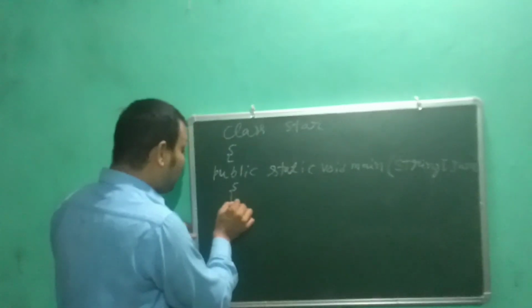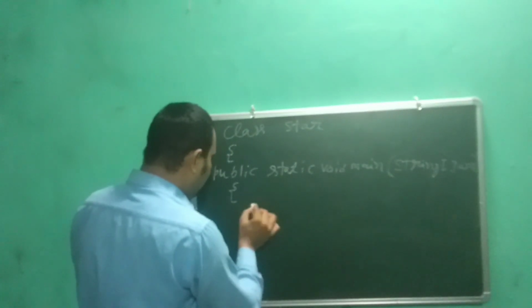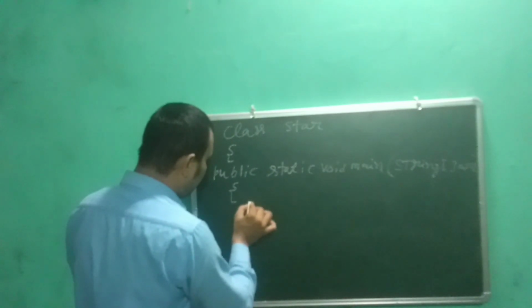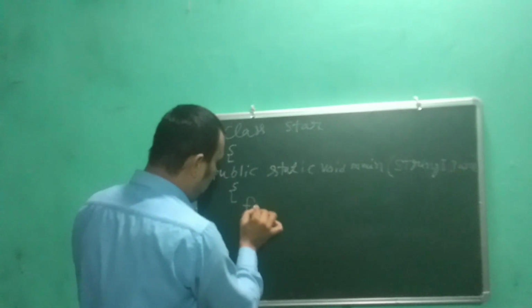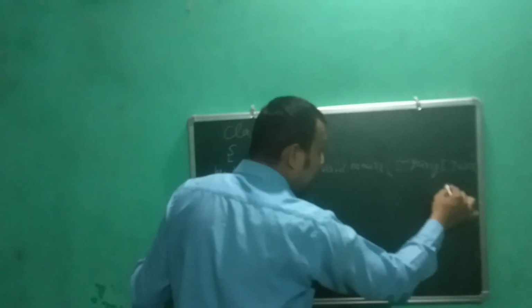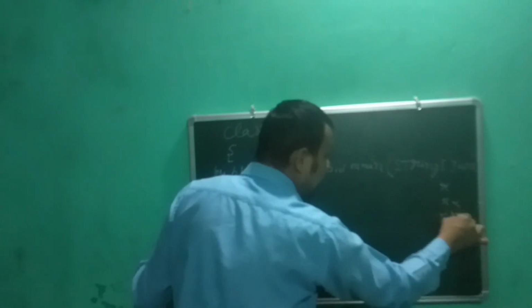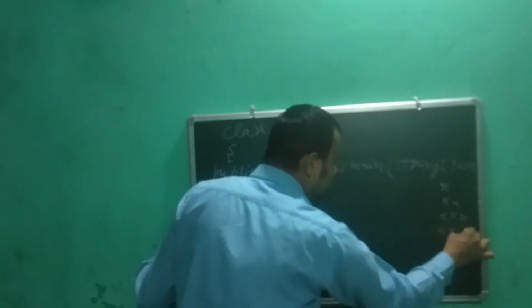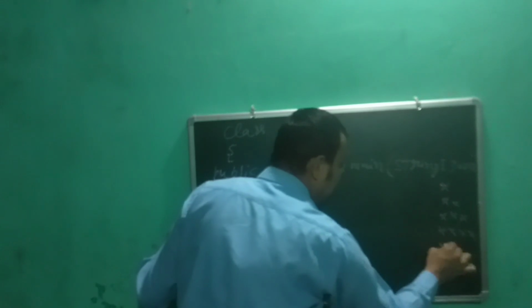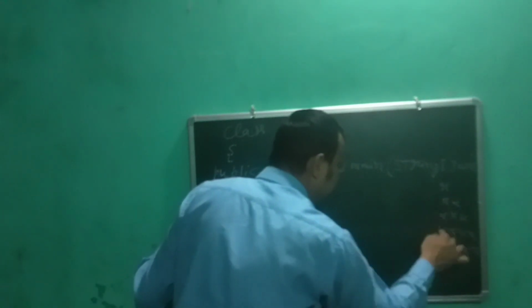To calculate this we need two variables. Okay, so that variables we will declare in the for loop itself. So let's begin it. First of all, what we are going to do here, we will write here for first loop. Let's understand, because how many lines we have to print? 1, 2, 3, 4 and 5 lines. Okay, so number of lines are how many? 1, 2, 3, 4, 5.